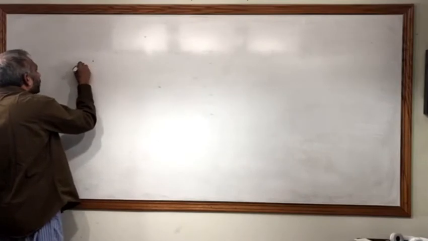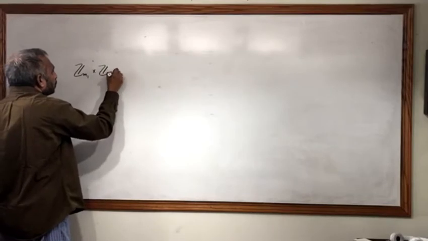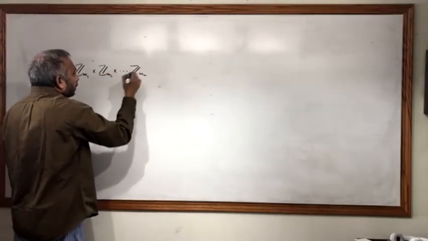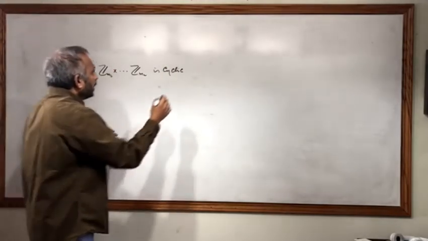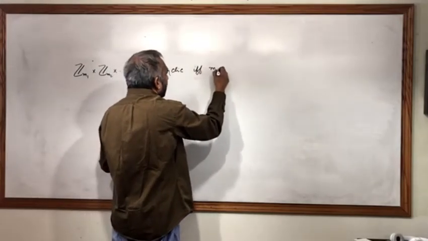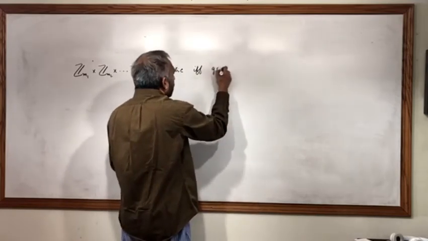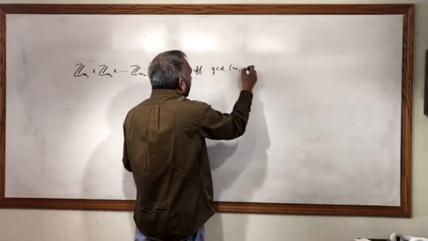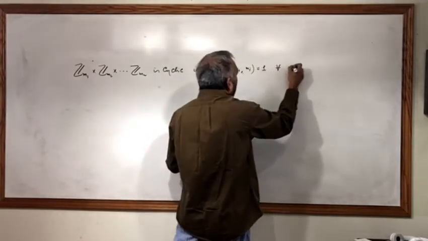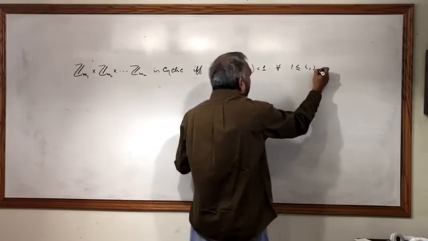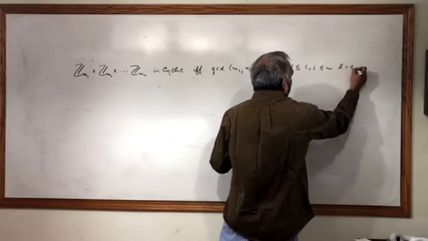So Zm1 cross Zm2 cross dash Zmn is cyclic if and only if GCD of mi comma mj is equal to 1 for all i, j between 1 and n and i different from j.